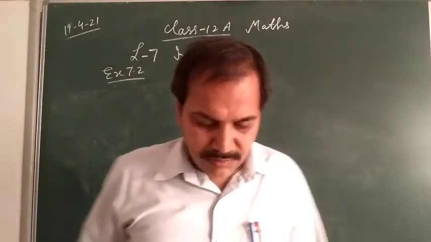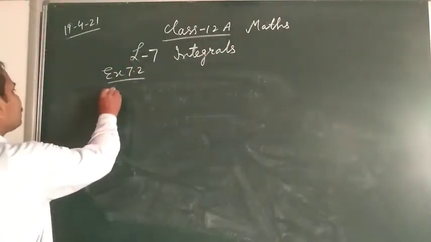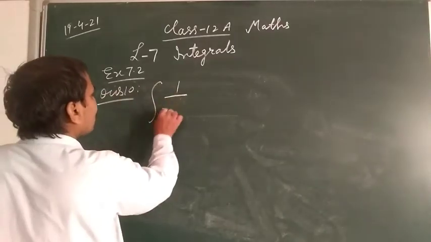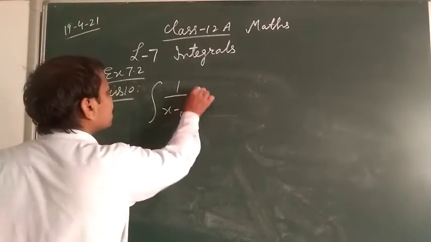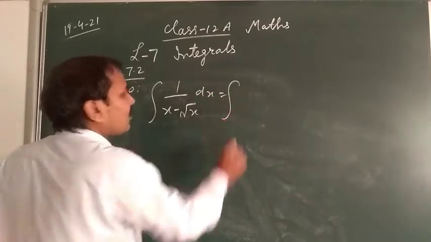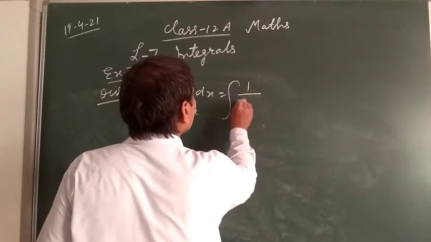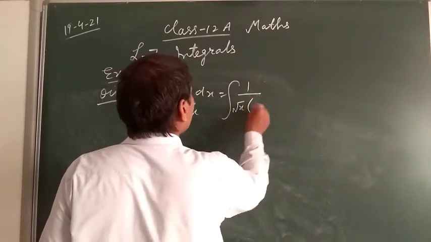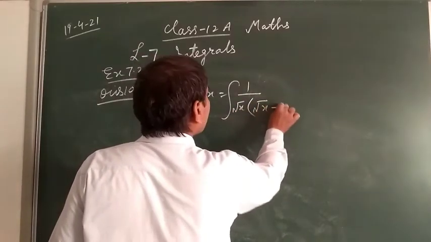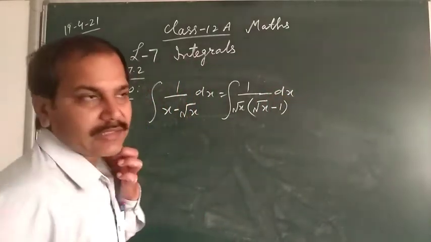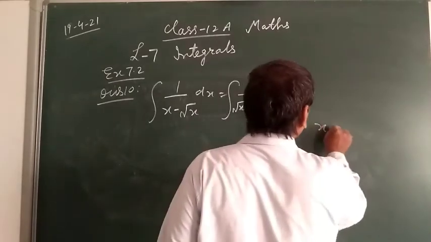In question number 10, 1 upon x minus root x dx. So take root x common. So 1 upon root x, and what will be remaining? Under root x minus 1. Then suppose under root x minus 1 is t.